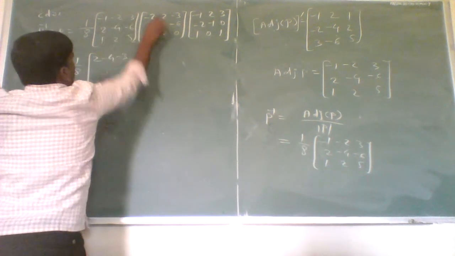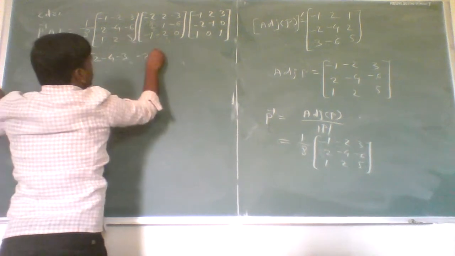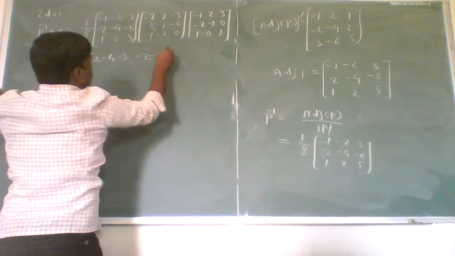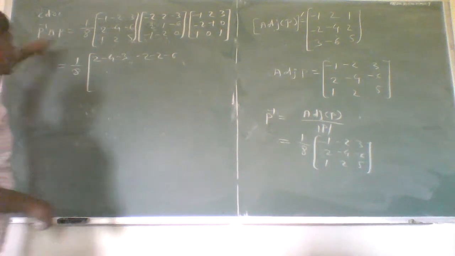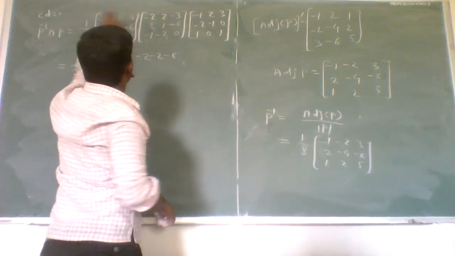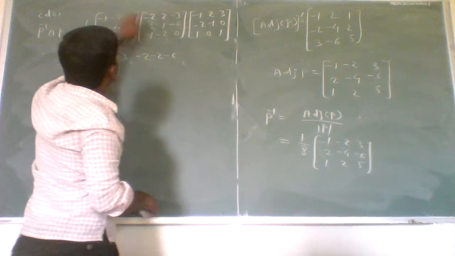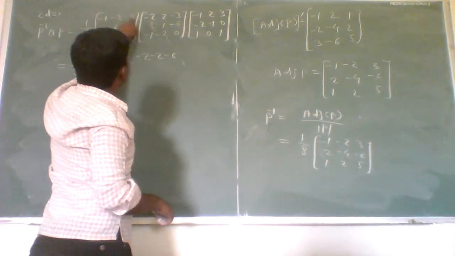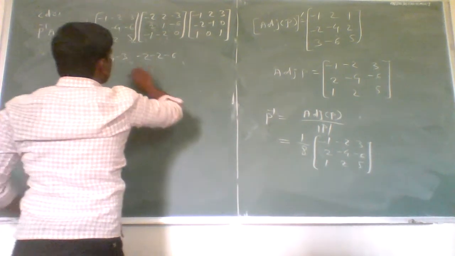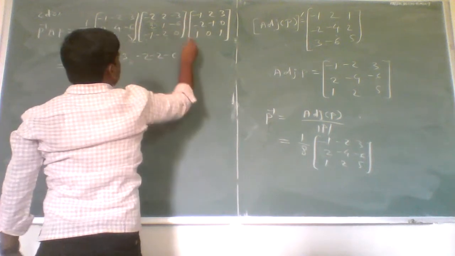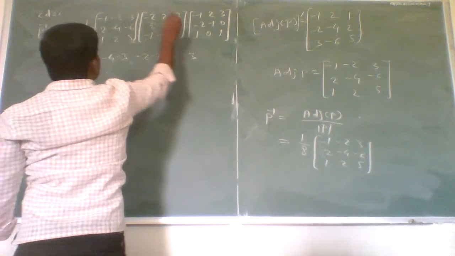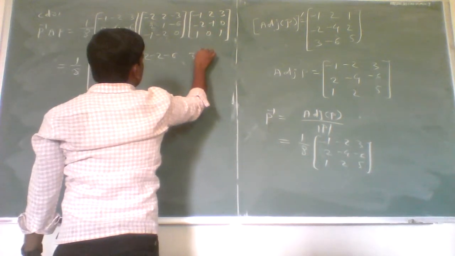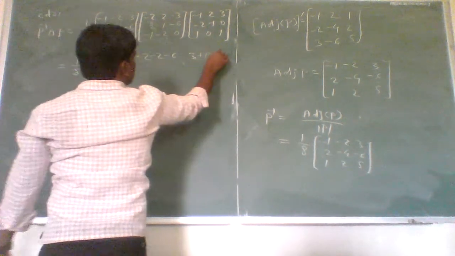Now -3 into -3, -1 into 3, -2 plus -2 into -6 plus 1, which is 0.